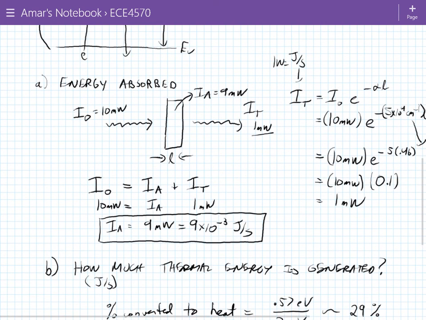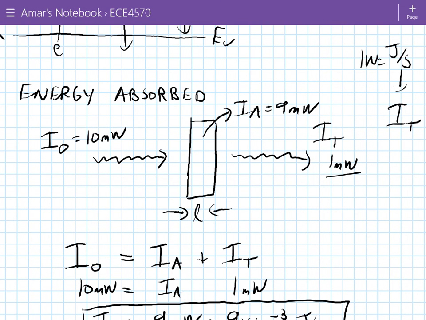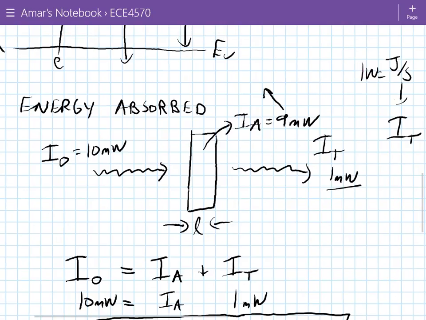Going back to this diagram, I want you to understand conceptually what's happening here. Again, we have the incident light here, we have the transmitted light, we have this absorbed light. Now from the absorbed light, 9 milliwatts was absorbed. If we subdivide this again, we can say that 2.6 milliwatts is converted to heat.